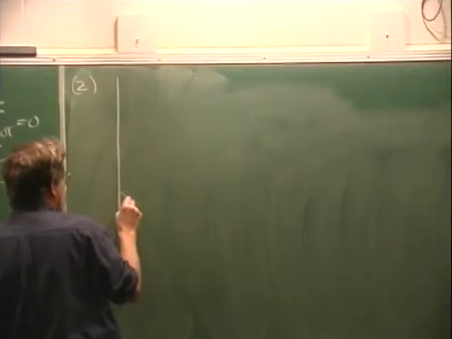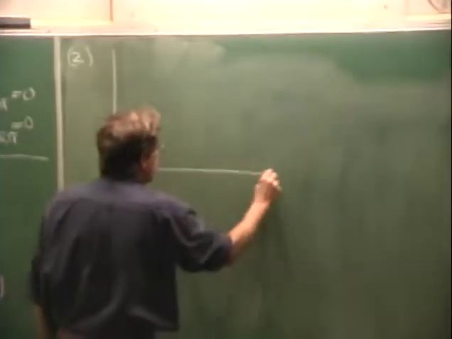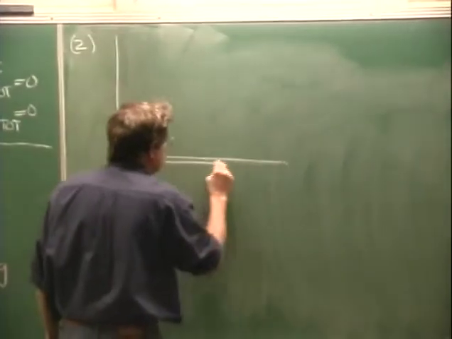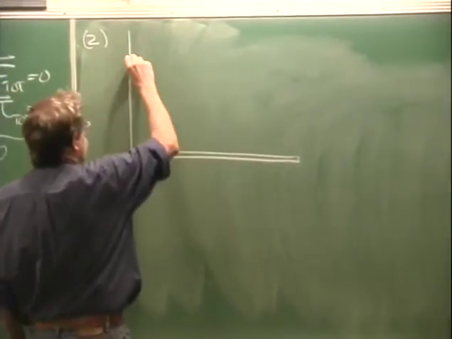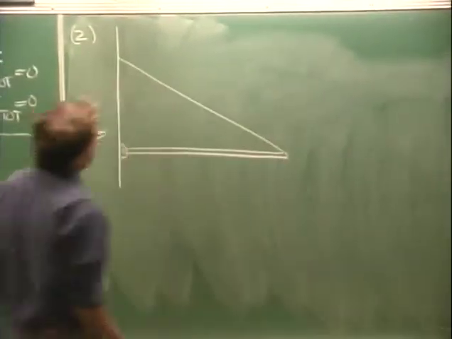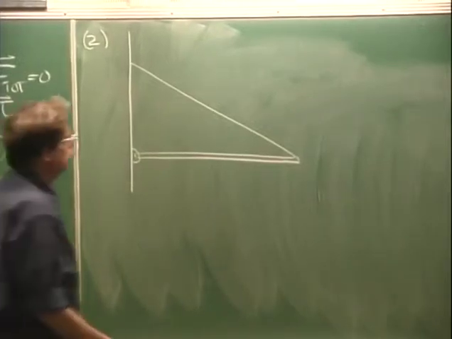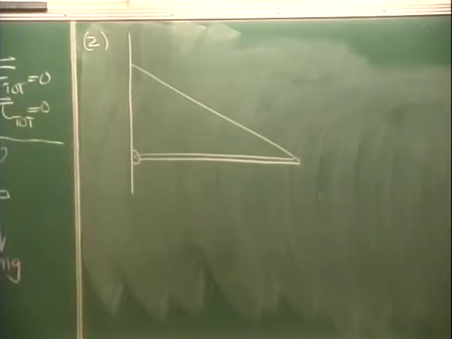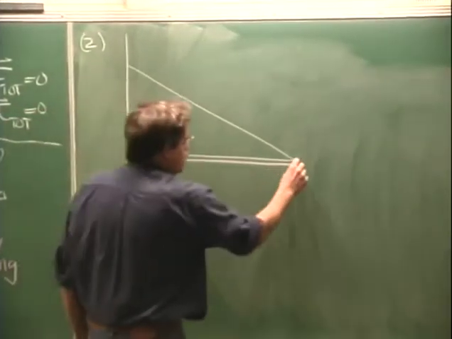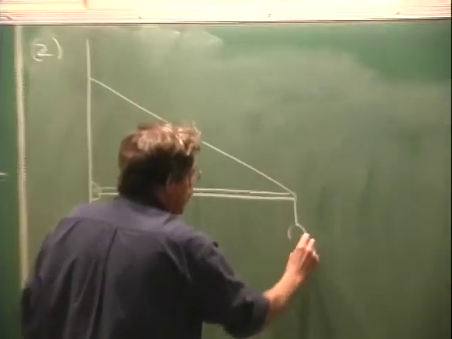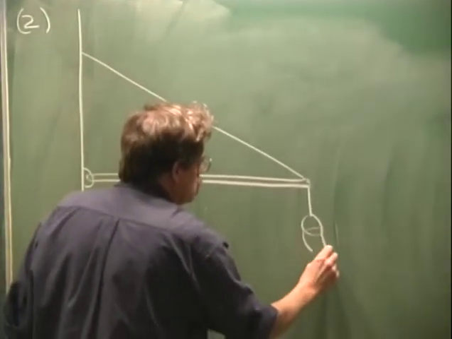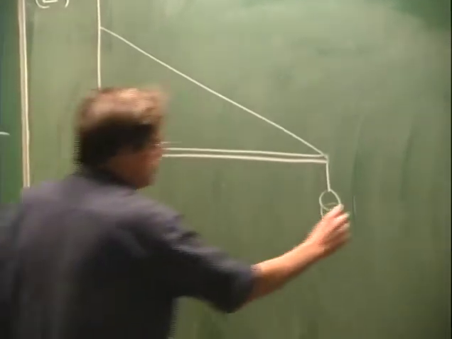Here's the hinge, and the board is sticking out like this. And from the end of the board, I attach a guy wire of some sort, a string. And from the far end of this, I hang the bucket of paint. So here's the paint.